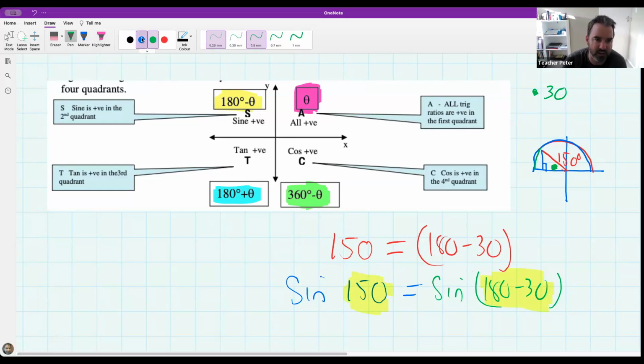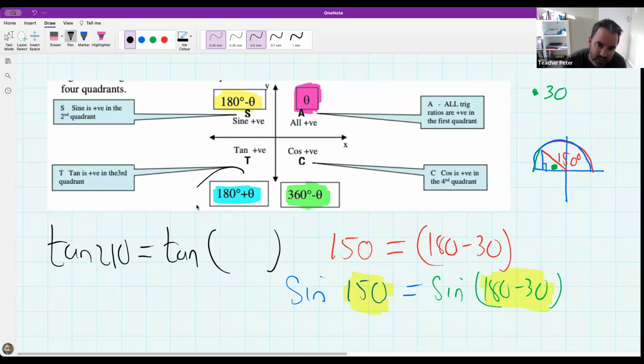But let's do a little practice one. I want you to rewrite the tan of 210. I want you to write it in terms of the formula that is in quadrant 3. So rewrite the tan of 210 in terms of what's called the reduction formula in quadrant 3.